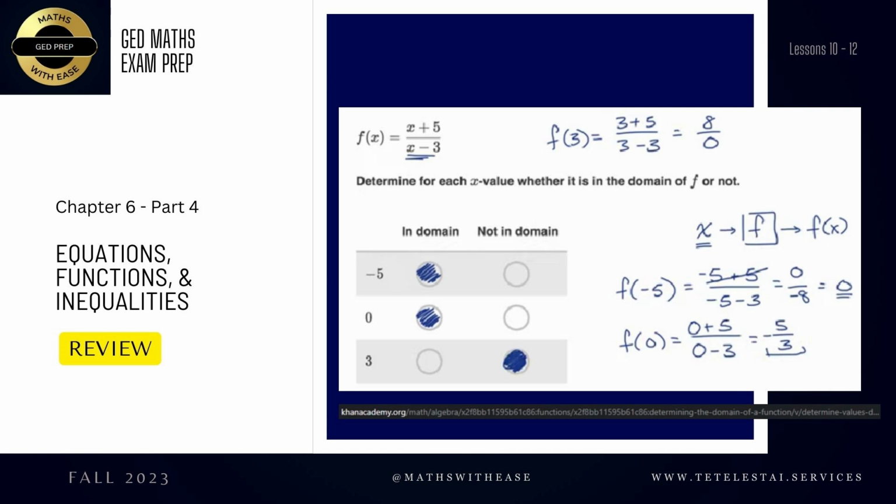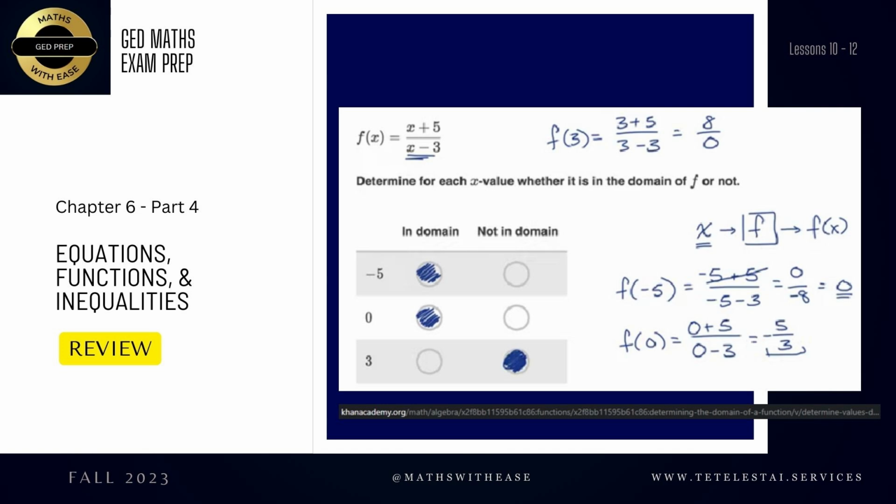So let's start with -5, okay? We'll go back to our original function, and everywhere we see x, we're going to plug in -5. So f of -5 just means that everywhere we see x in our equation, we're going to plug in -5, all right? So -5 plus 5 is 0. And -5 minus 3 is -8.